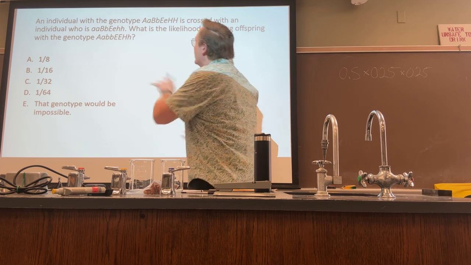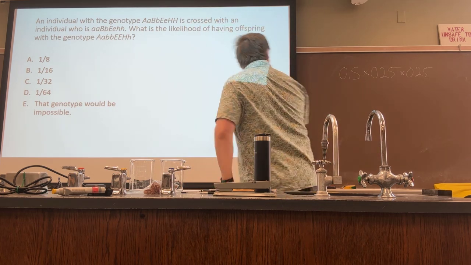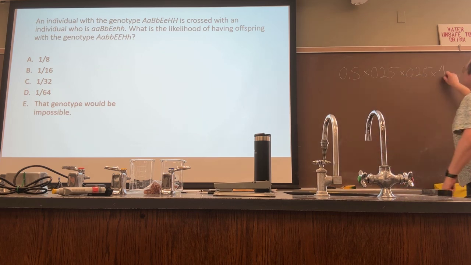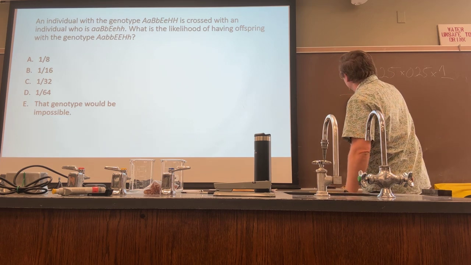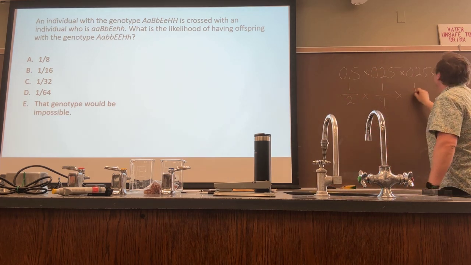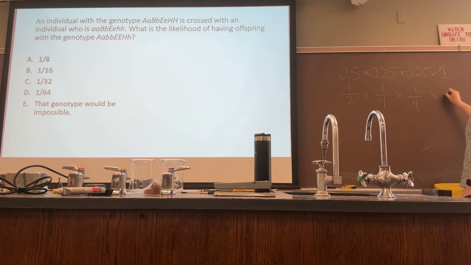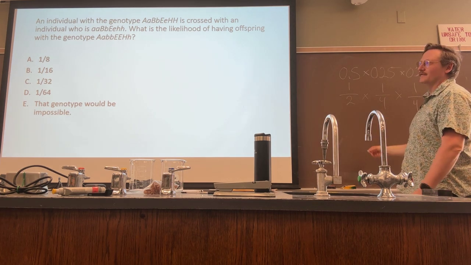This individual will 100% be heterozygous for H. The probability of receiving this total genotype is 1/2 times 1/4 times 1/4 times 1, or 1/32.